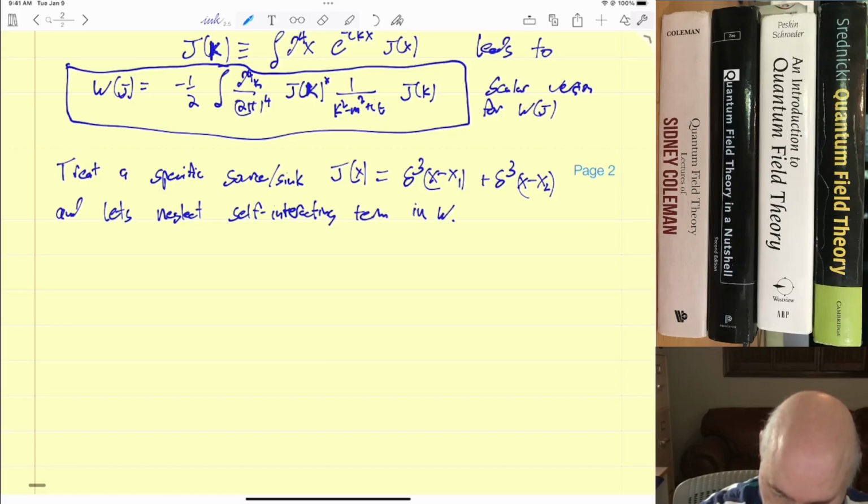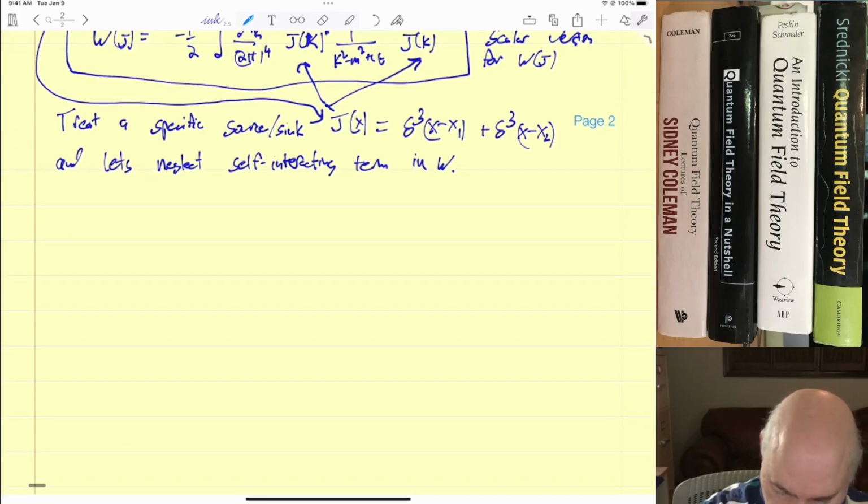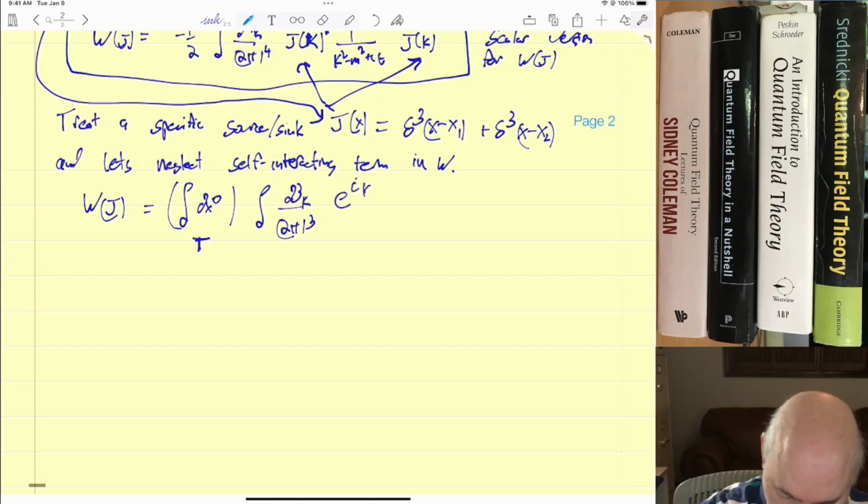W. So putting this in here, after we take the Fourier transform, we get W of j is equal to the integral dx0, and this is just going to be our time. And we get the integral of d3k over 2 pi cubed e to the i k dot (x1 minus x2).